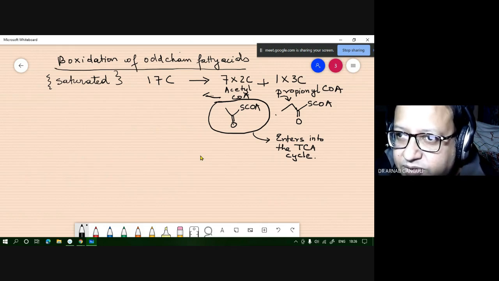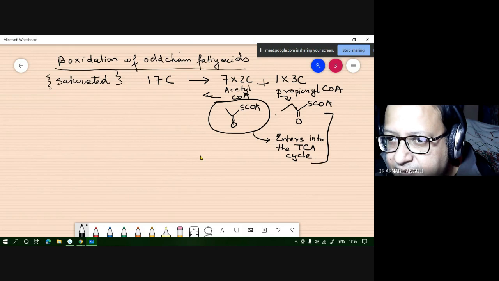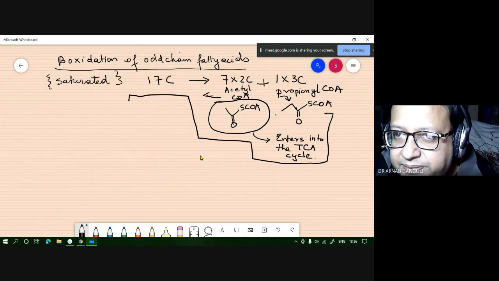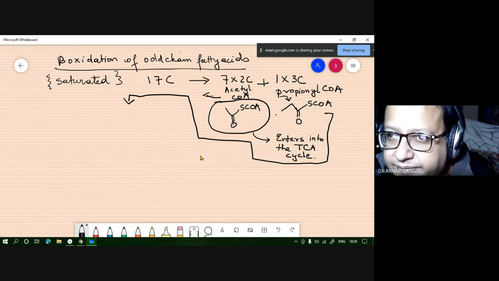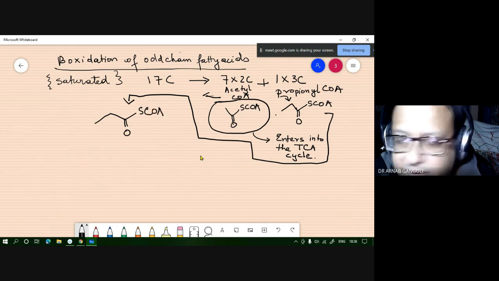Now what happens to this over here? It can't enter into the Krebs cycle. So I'm drawing it once more. This is the propionyl CoA.